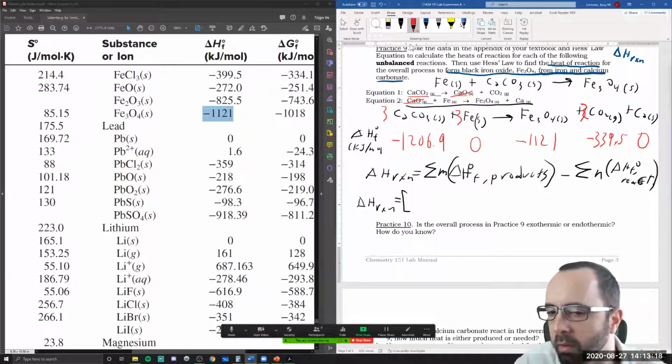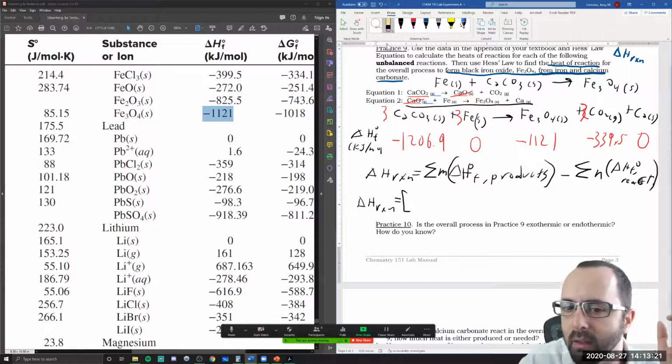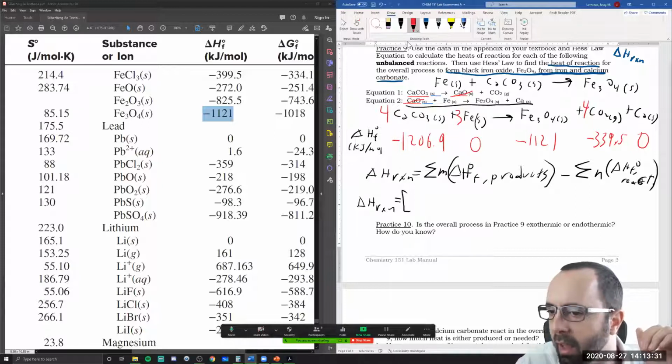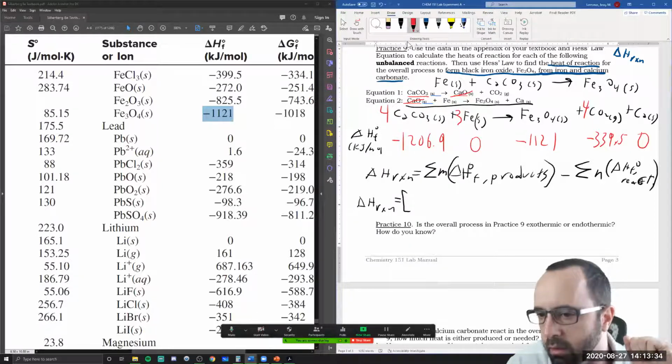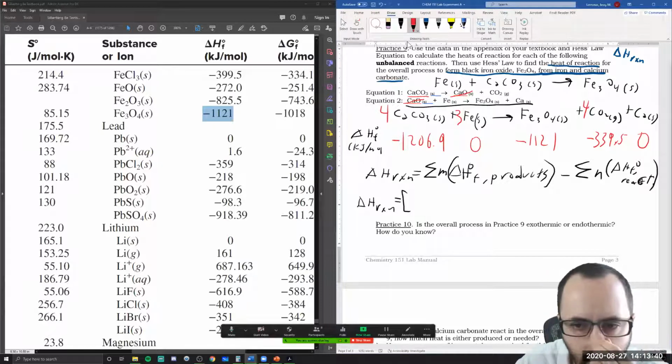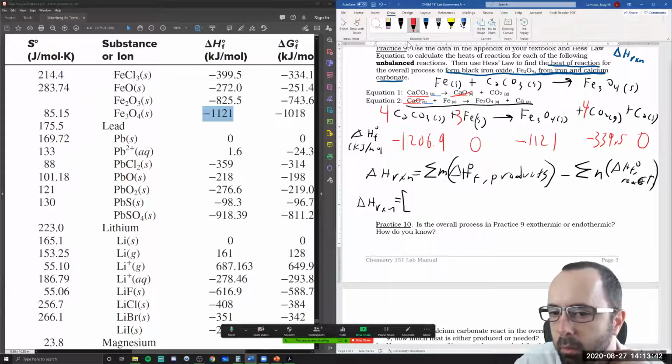Well, no, we'll have 6 plus 4, we'll have 10. Okay, so we're going to keep escalating this number. If we have a 4 here, that gives us 12 oxygens. If we have a 4 here, that gives us 8 plus 4, 12 oxygens. Okay, now we're balanced with these. And we can now balance our oxygens with the 3 here. So 3 on the right, 3 on the left, and we'll balance our calciums with a 4 over on the right. And so now we are balanced. And so we're going to find the delta H for this balanced equation.